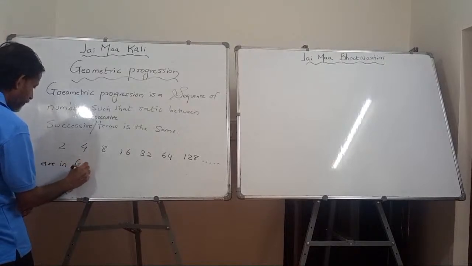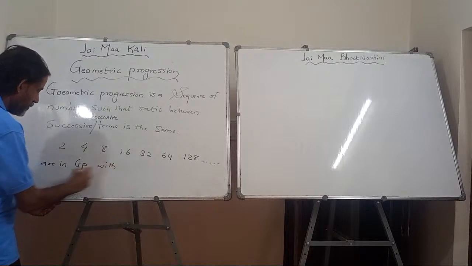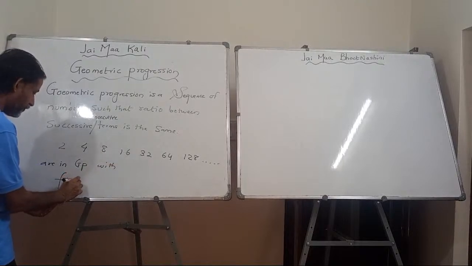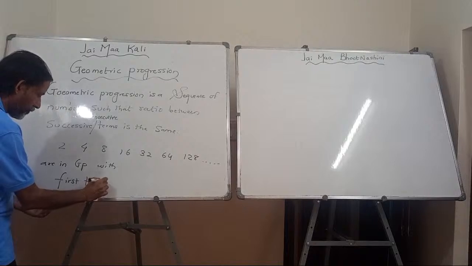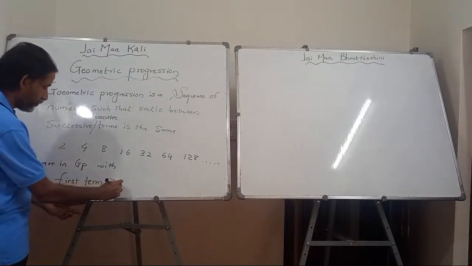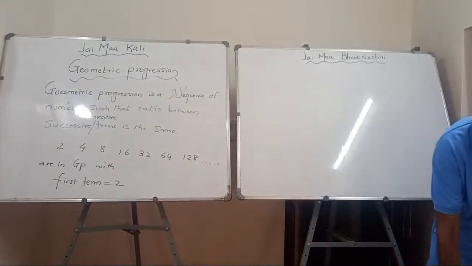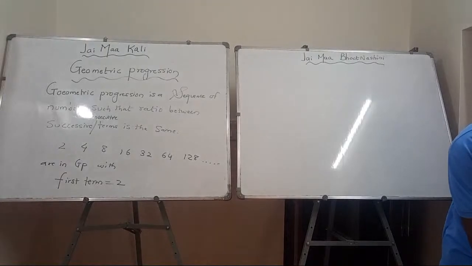What is the first term here? Ananya, which is the first term? 2. Then the ratio, usually referred to as the common ratio.